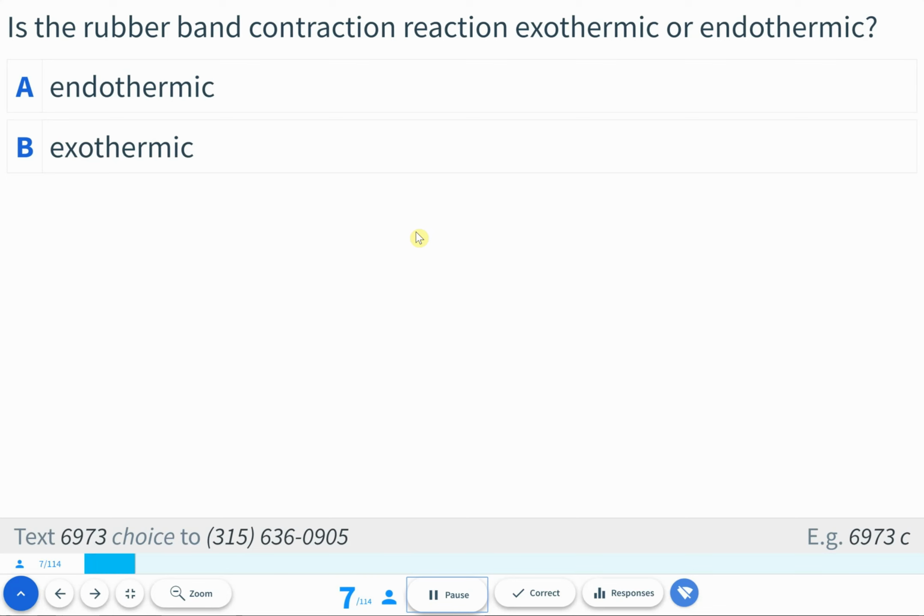Well, here's a good rule for science: you average data, so we're going to get more data points.